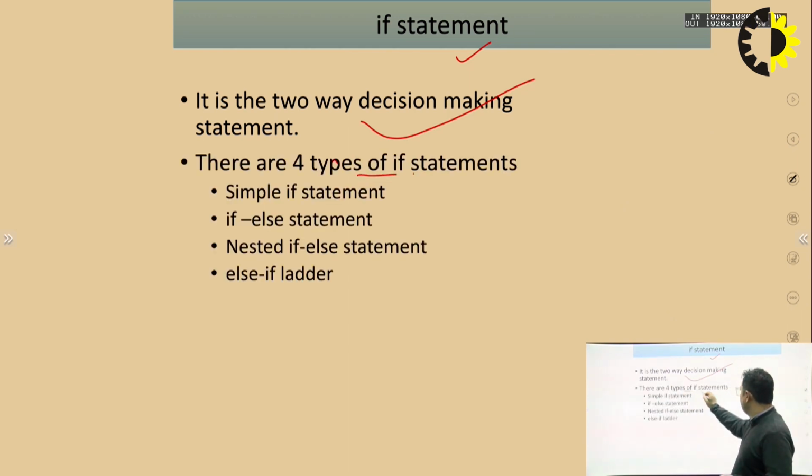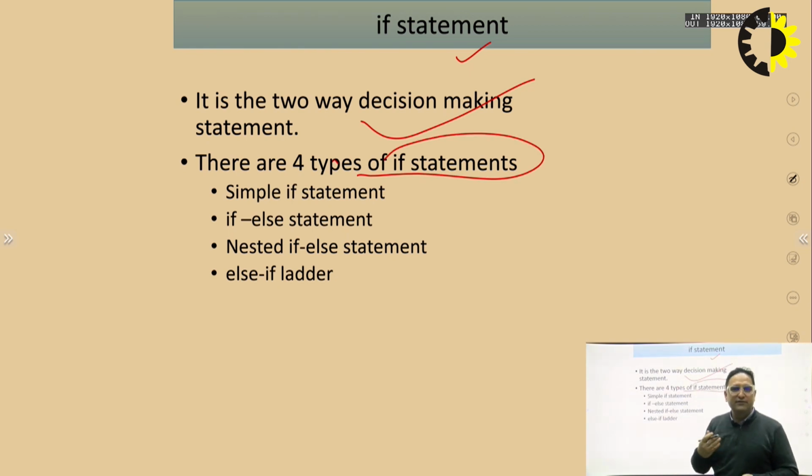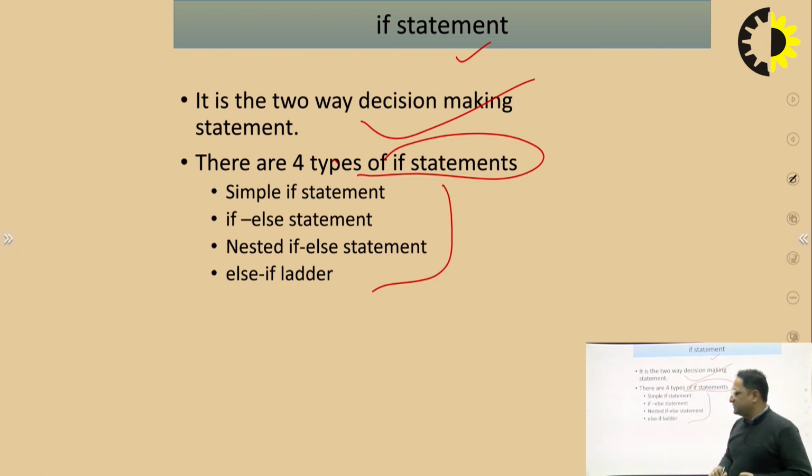There are four types of if statements. This can be further broken down into four types based on the need of the program. If you talk about the conditional statement, the only thing required to understand is the if and else condition, right? Based on their application in the program, it can be further classified into four types: simple if statement, if else statement, nested if else statement, and else if ladder.